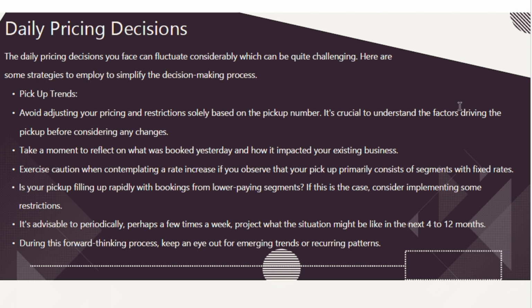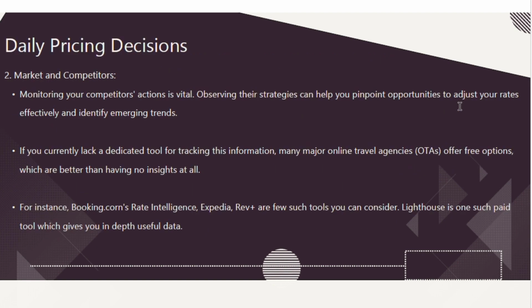You have to consider all these different factors which can have an impact on the pricing decisions which you'll make. It can be positive or negative depending on how you implement them. So first was pickup trends. You have to keep an eye and then make adjustments where necessary.